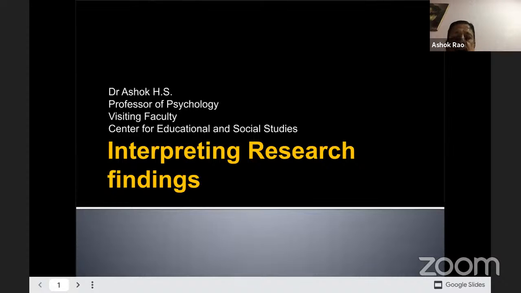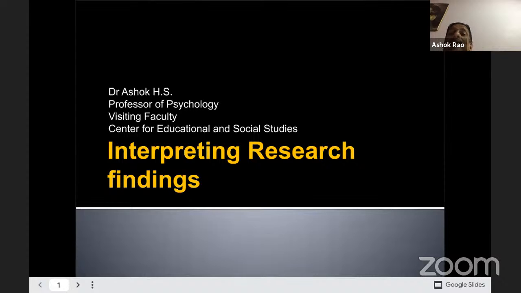Okay, so the next factor we will try to discuss is the factors to be considered while you are analyzing or interpreting the research findings. These are the factors that need to be considered, especially in a study which needs data, whatever be the type of data, and the data need to be analyzed and interpreted.